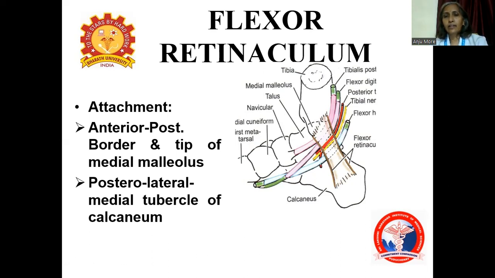As we can see, as they cross the ankle joint, they are lying medial to the talus. Then next they are lying medial to the navicular bone and then the cuneiform bones.